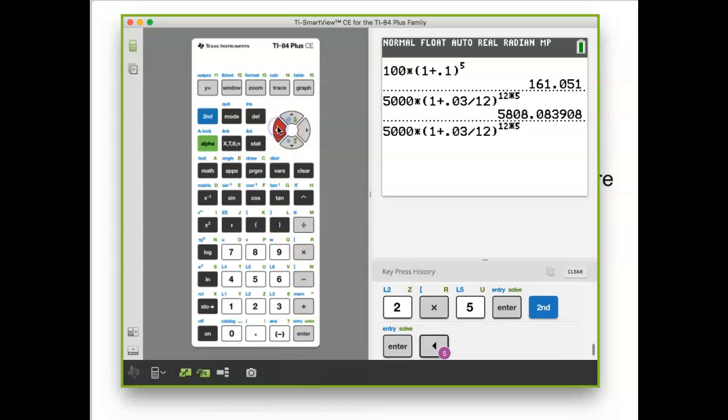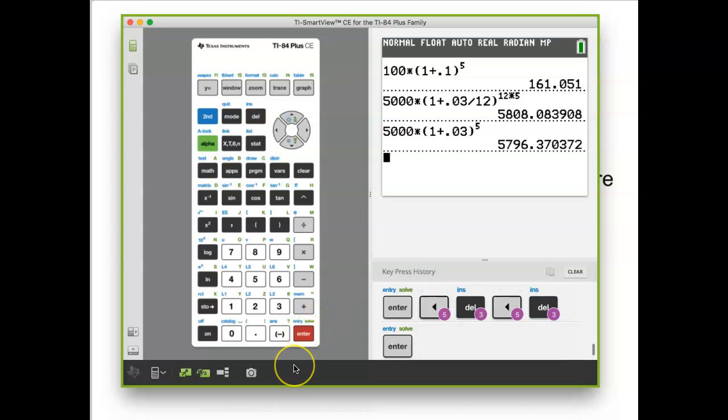So let's see, just get rid of this. Get rid of this. There we go. So $5,796.37.